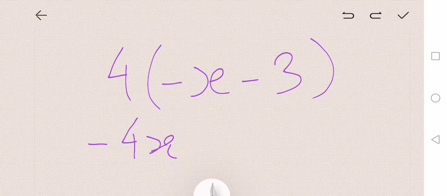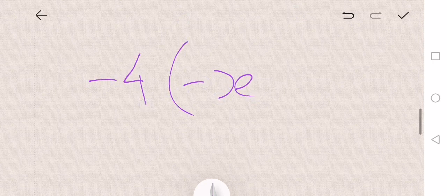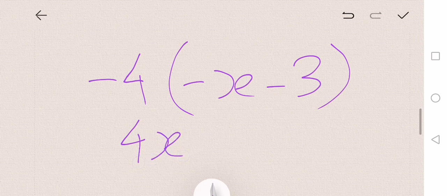Now, what are we going to do if we say minus 4, minus x, and minus 3? This should be 4x initially, that's correct. But look, minus and minus, this should be plus. The plus initially you don't have to write if it's at the front. Now 4 times 3 is 12, and minus minus, that's plus. Got it? Superb.